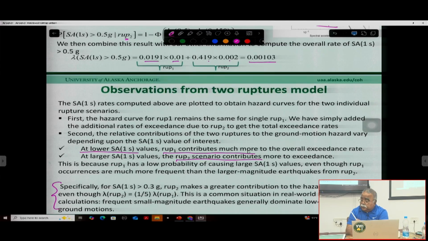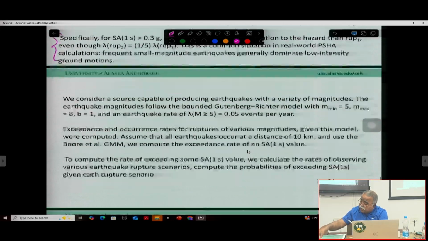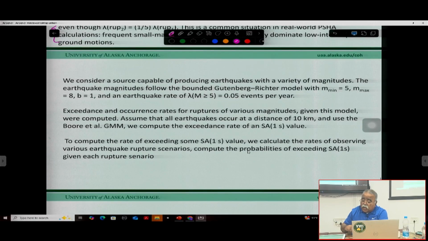So basically what I am trying to say is this: my point is that if I know the annual rate of exceedance from a fault, the possibility of a magnitude earthquake to release, so that if I know this lambda value, and if I know the ground motion attenuation relation you are using, then it will be very easy to calculate any intensity measure, but you have to use the corresponding intensity measure attenuation relation.